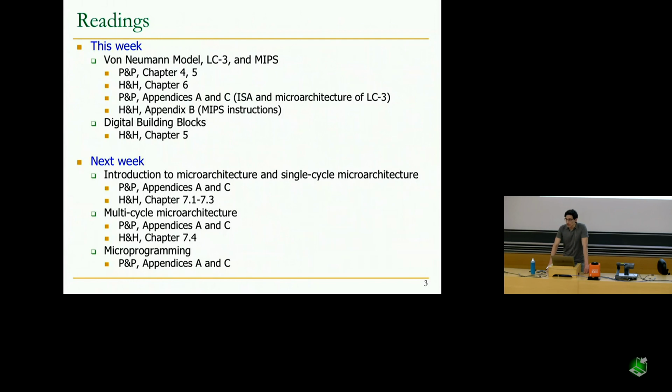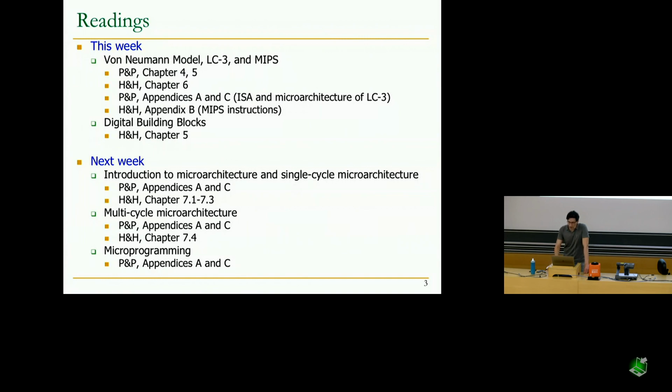And Appendix B in Harris and Harris, where you will find all the MIPS instructions. And also you can continue reading chapter 5 in Harris and Harris, and also the readings for next week, which are in the slide for the single cycle microarchitecture, multi-cycle microarchitecture, and microprogramming.